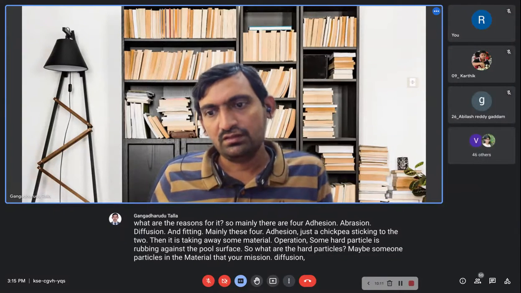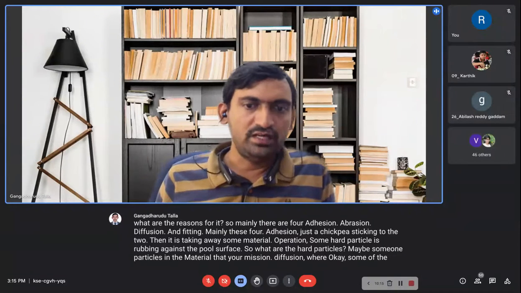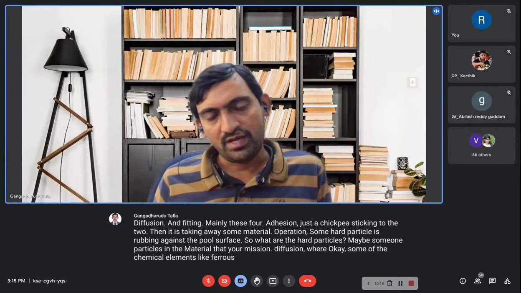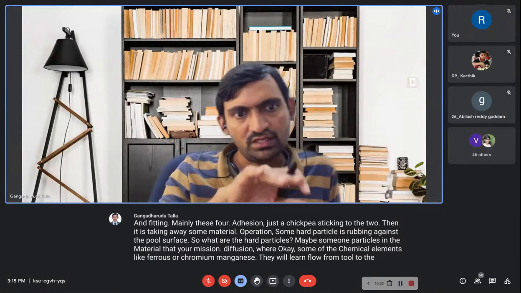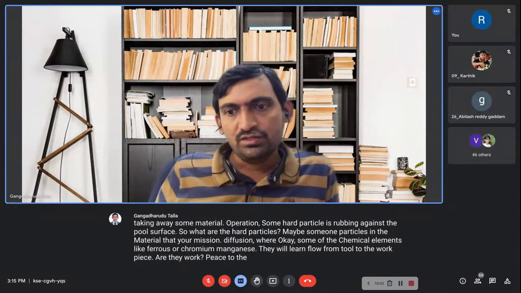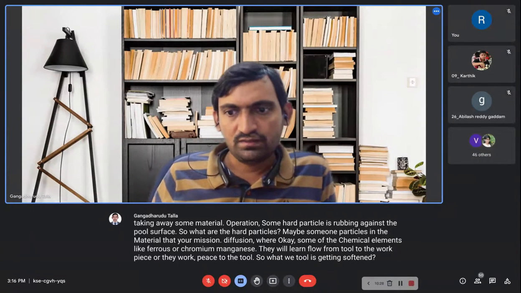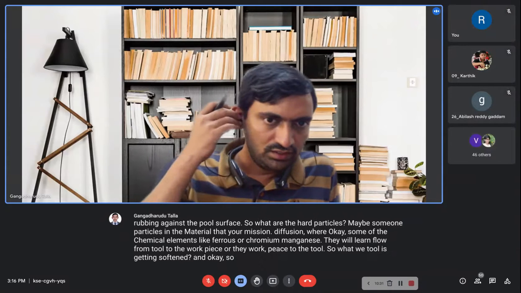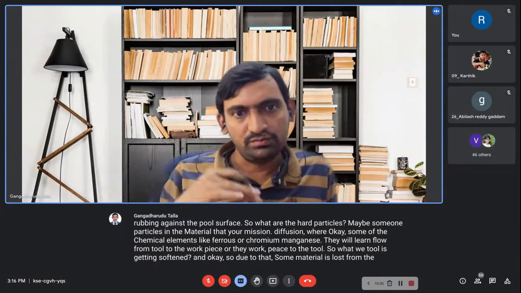Diffusion: some of the chemical elements like iron, chromium, manganese will flow from the tool to the workpiece or the workpiece to the tool. So the tool is getting softened, and some material is lost from the tool to the workpiece.